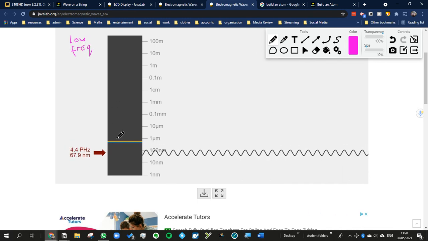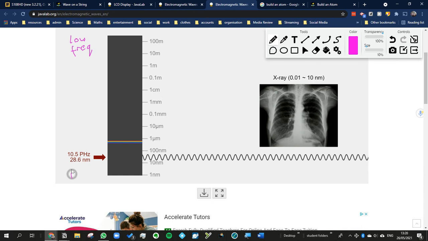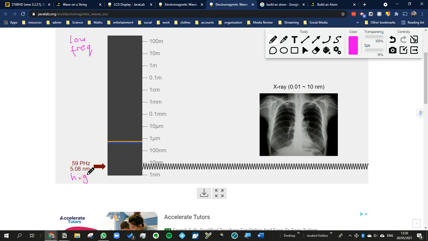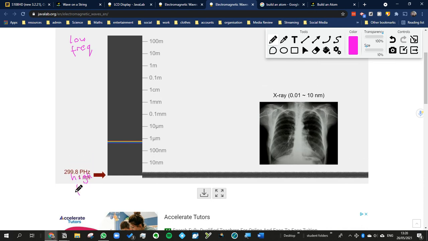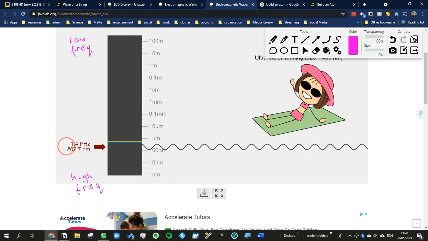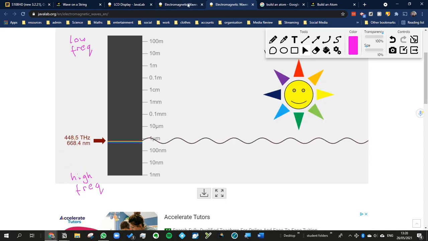I'm actually controlling this at the same time. So low frequency, high frequency. High frequency also has a high energy. So high frequency waves have high energy.